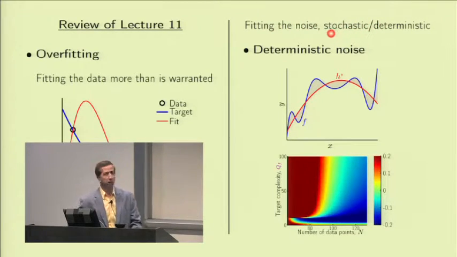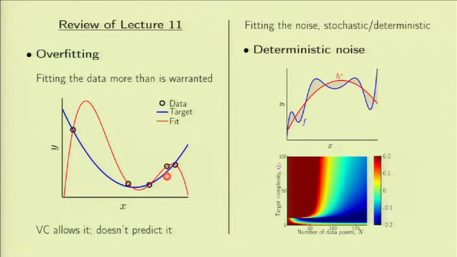And the conventional meaning of the noise we have is what we are referring to now as stochastic noise, because we are introducing another type. And the idea is that if you fit the noise, this is bad because you are fitting something that cannot be fit. And because you are fitting it, you are predicting, or extrapolating out of sample into a non-existing pattern. And that non-existing pattern will take you away from the target function. So it will contribute in a harmful way to your out of sample error.